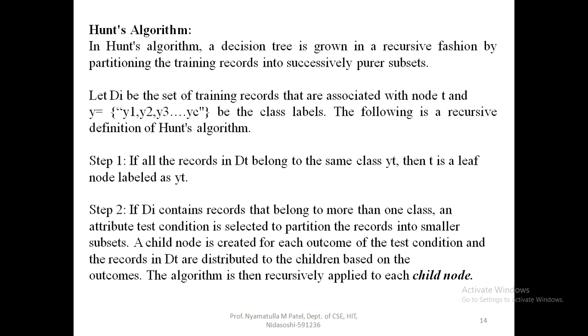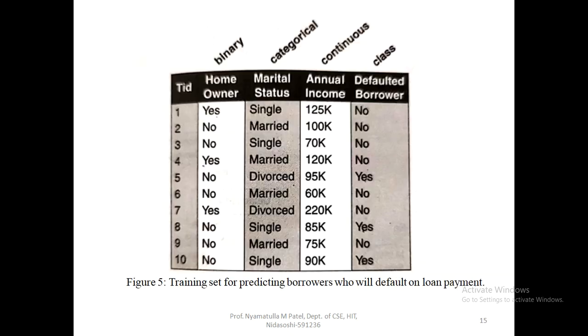Based on the test condition, we differentiate which class a particular training record belongs to. Consider for example a training set for predicting whether borrowers will default on loan payment.